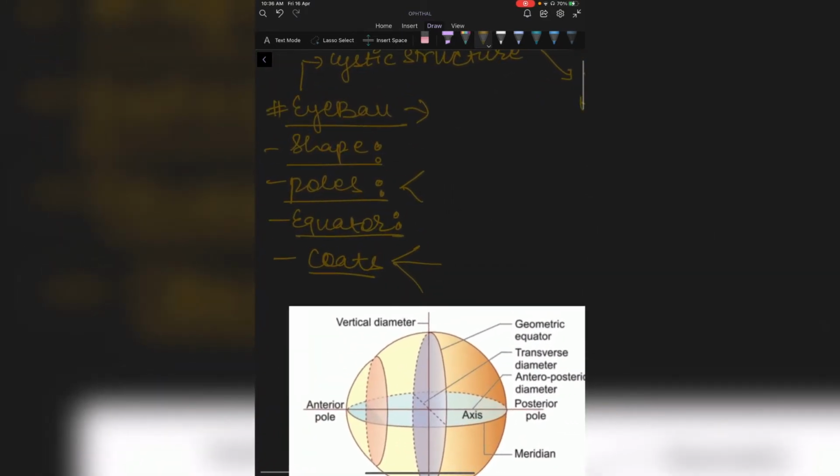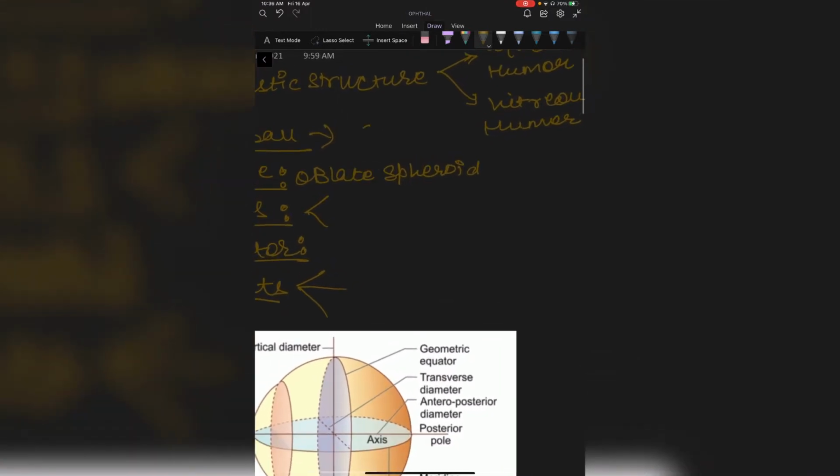Now the shape of the eye is an oblate spheroid. Now, what is an oblate spheroid? What does this term mean? It is neither completely oblique like this, nor is it completely circular like this. So this is not the case. It is somewhere in between. It is something like this, an elongated structure.